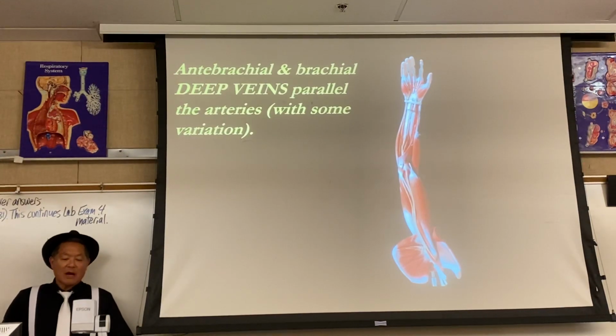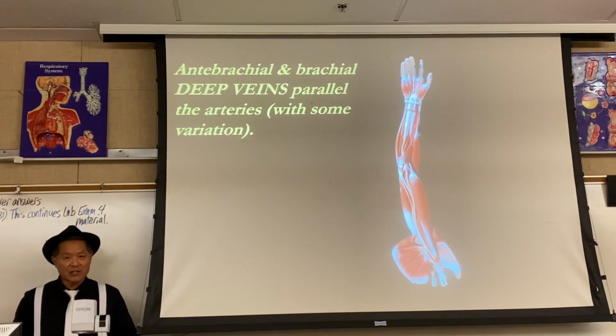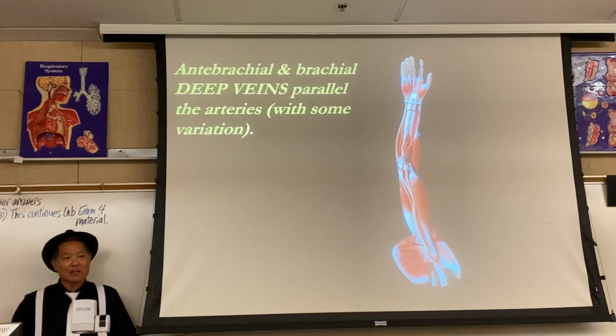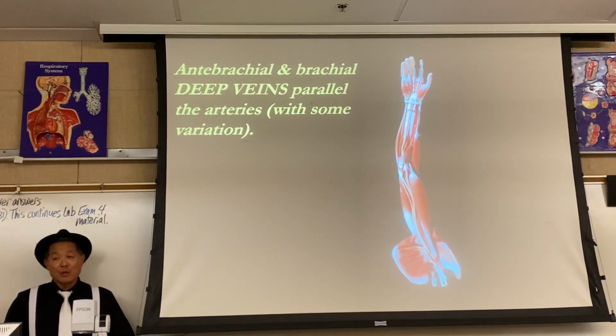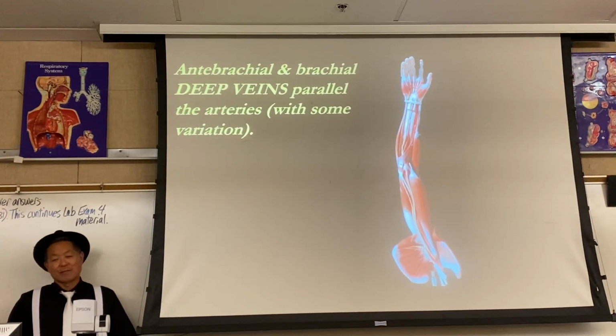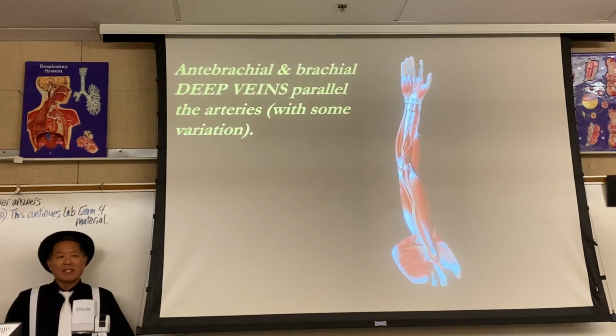Well, the other thing you have to write down here somewhere is that you have one set of arteries, and these are systemic, one set of systemic arteries. You have two sets of systemic veins. One set of arteries, two sets of veins. You have a deep set of veins that parallel the arteries.